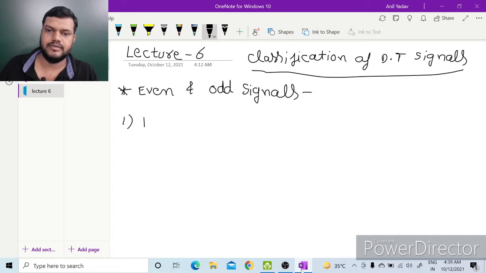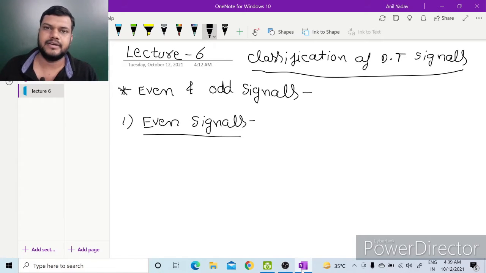So what are even signals? Any arbitrary signal x[n] is said to be even if and only if it satisfies x of minus n is x of n.